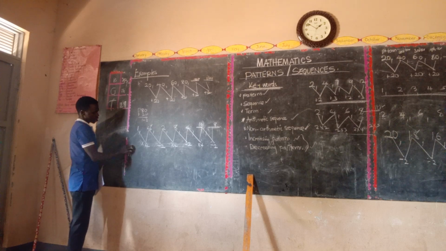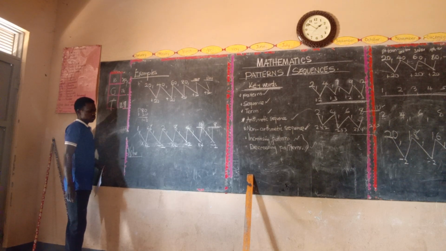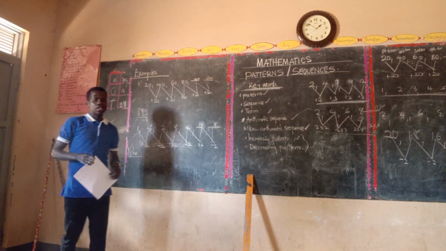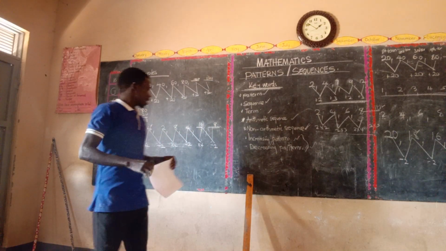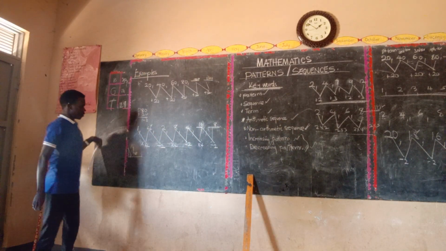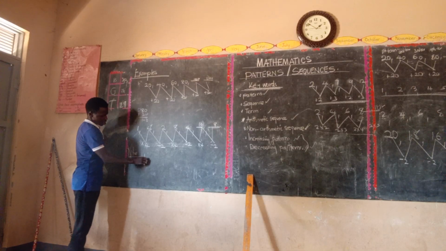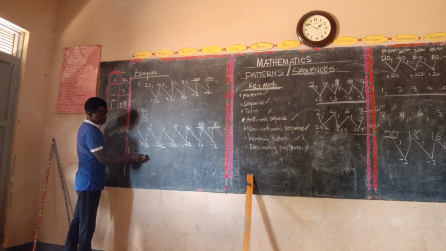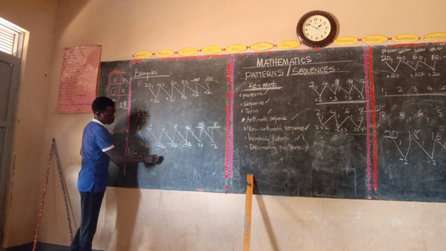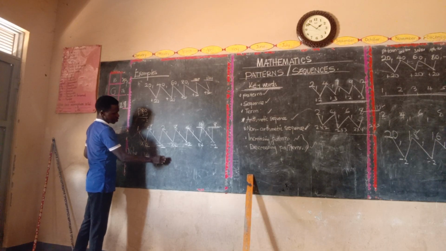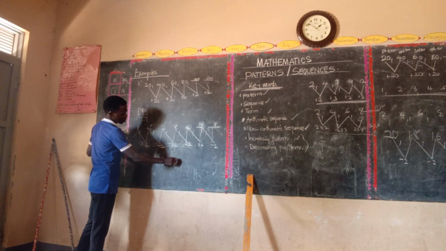But you should also note that there are some patterns or numbers that fall under types of numbers. For example, let's look at numbers like 4, 6, 8, 9, 10.